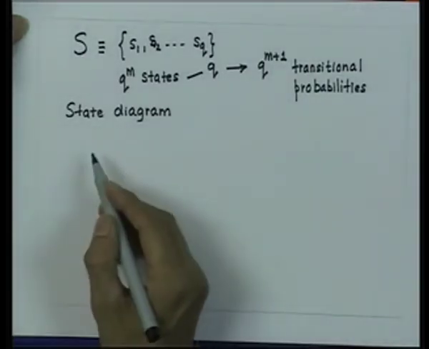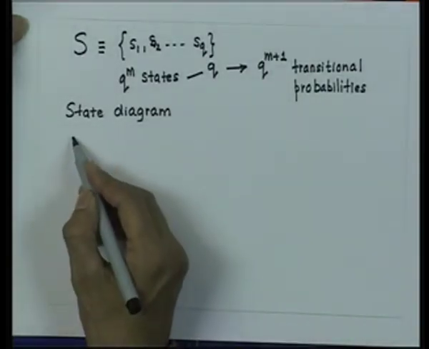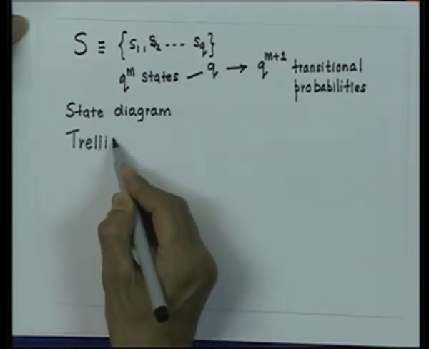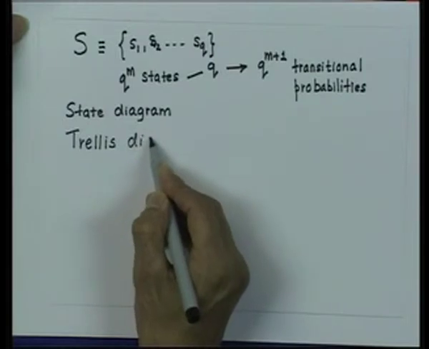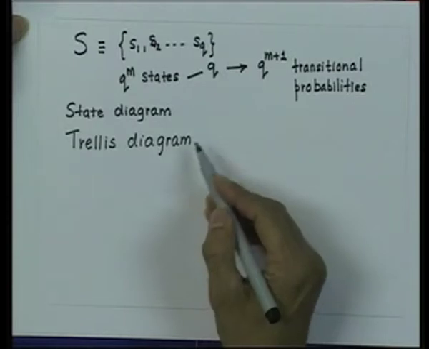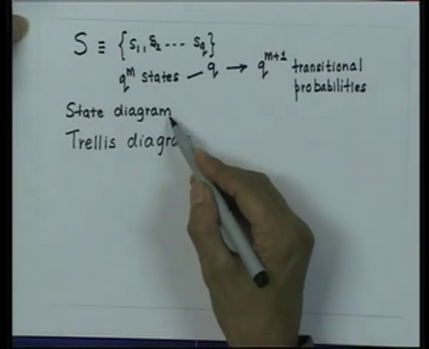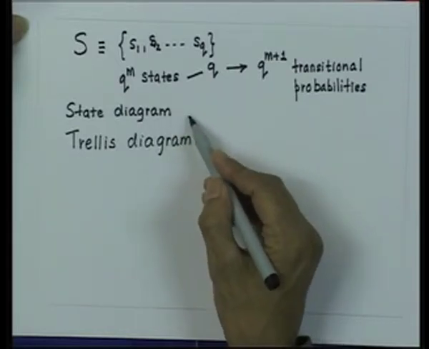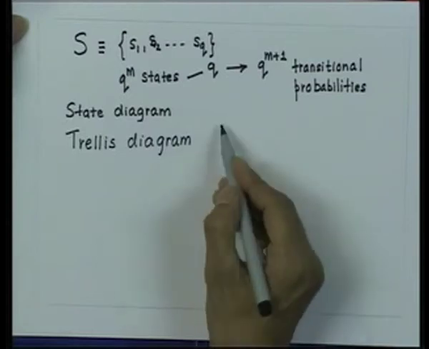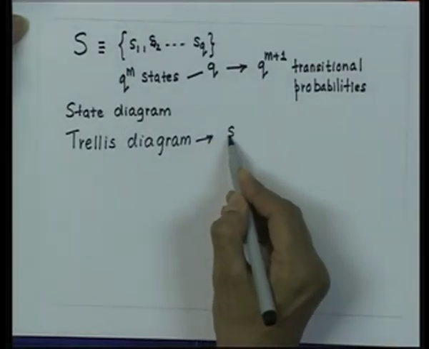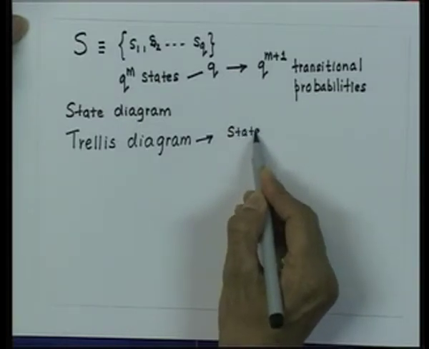Another way of depicting the Markov source is with the use of what is known as a trellis diagram. The difference between the trellis diagram and the state diagram is that in the trellis diagram the state diagram is augmented with time. So, with the trellis diagram you have the state diagram plus time.